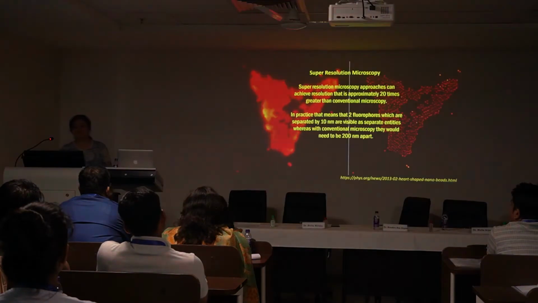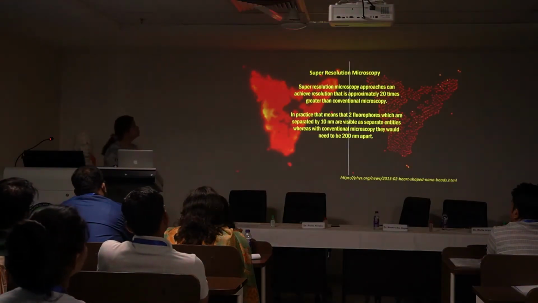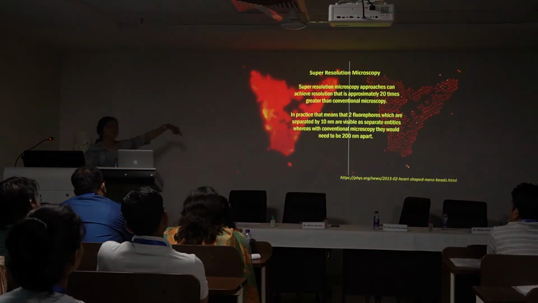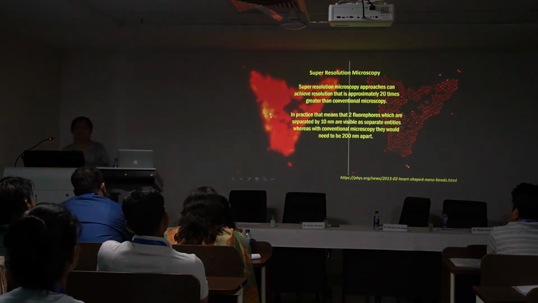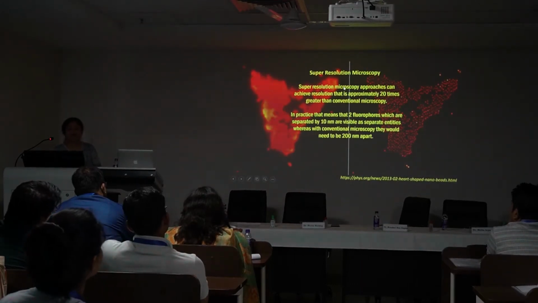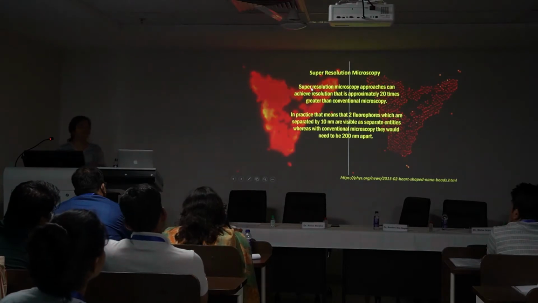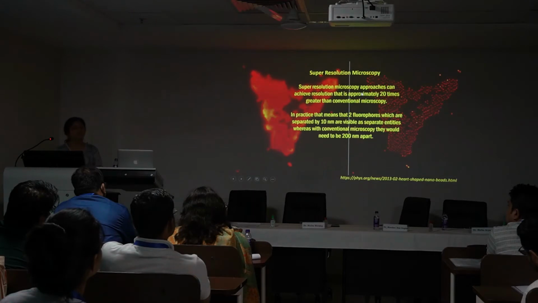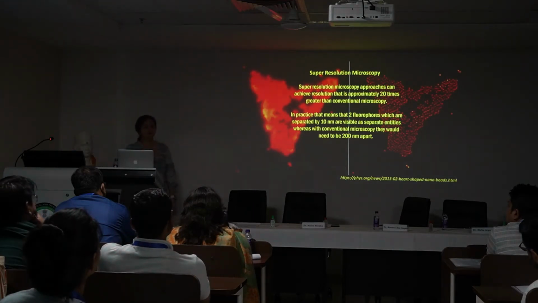So the goal for super resolution is to improve the resolution such that you can go from this general appearance of a blob-like structure to a more distinct visualization of individual molecules. The task is to improve the resolution approximately 20 times that of a confocal microscope.